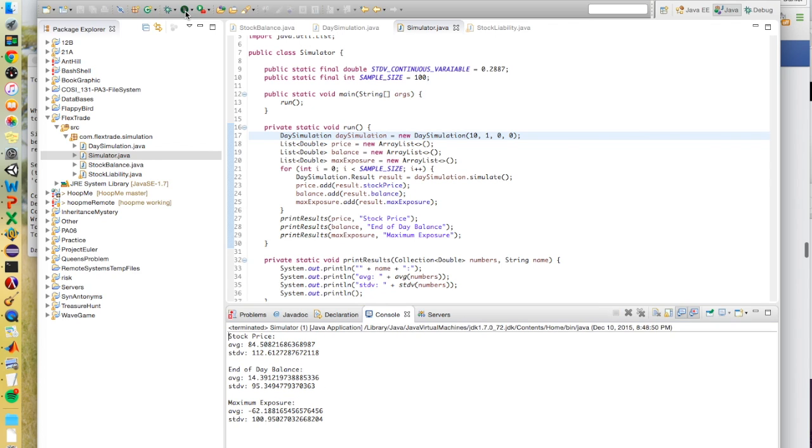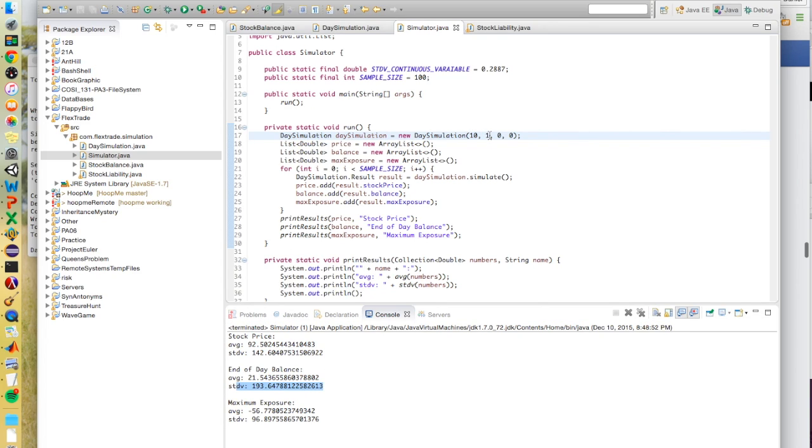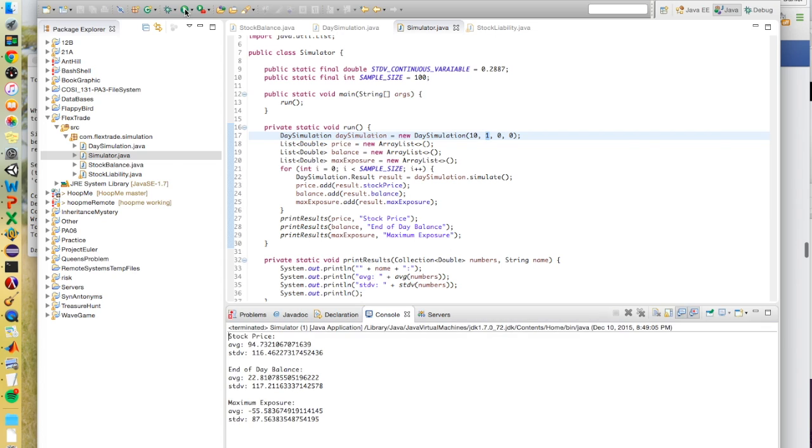But again, in the long term, it always averages to right around zero. But again, we have a pretty high standard deviation. We only do a few trades every day and the volatility is high. On a day-to-day basis, we can see big jumps in how much money we end the day with.